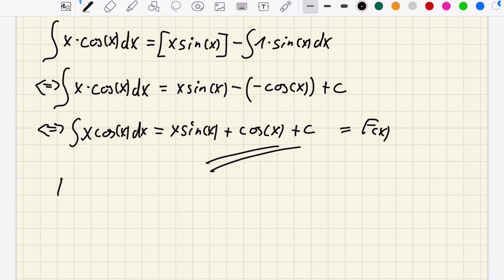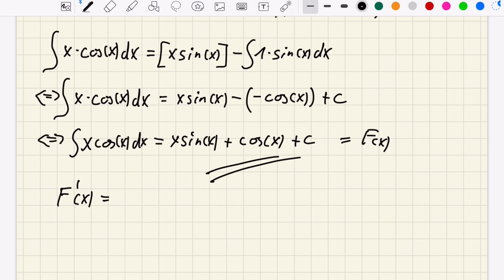So to check this result, it's very easy. We just have to differentiate this function. So we got x times sine x. The differentiation of it is sine x plus x cosine x, minus sine x.